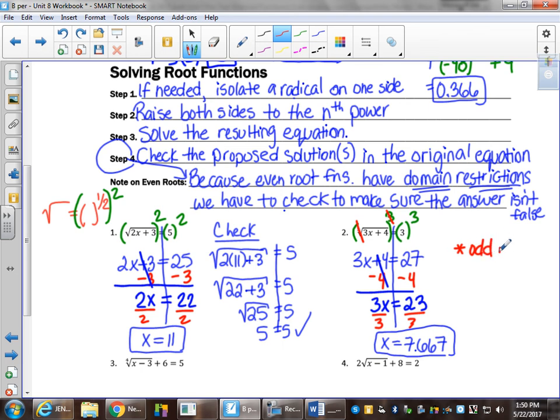Odd root, no domain restriction, because you can take the odd root of a negative, so no domain restriction. No check needed. Now, it's a different story if you want to actually substitute in your answer just to check your own work. But in terms of possible domain restrictions, odd roots have none, so no check needed.